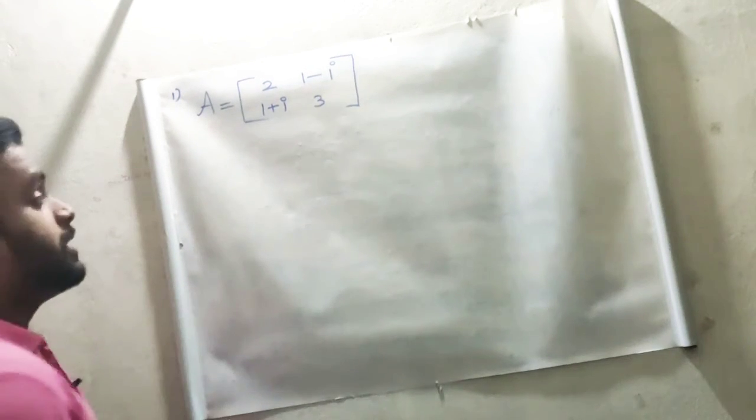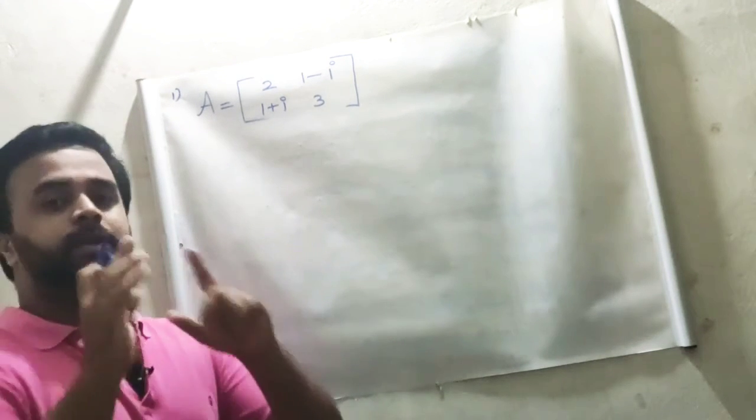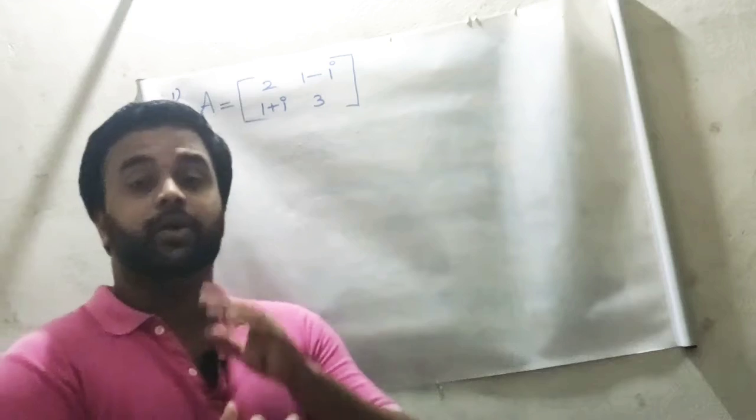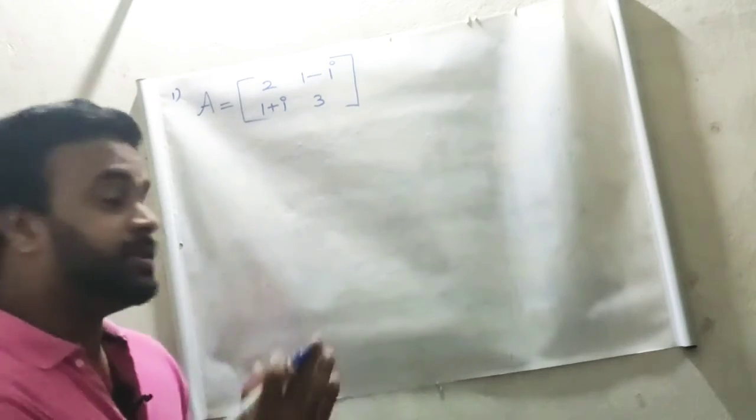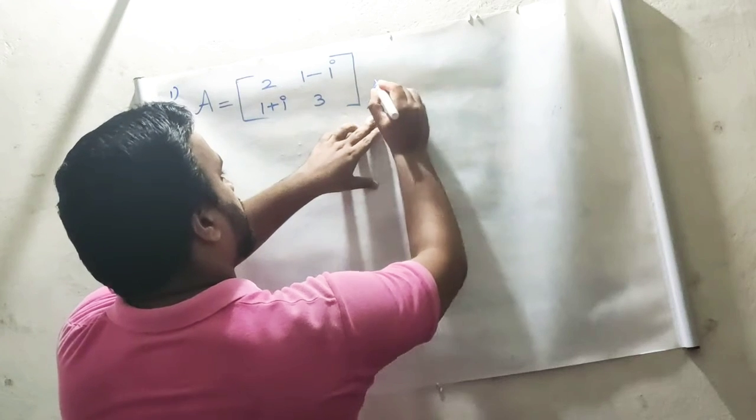This is the matrix given. We want to check whether this matrix is Hermitian or not.